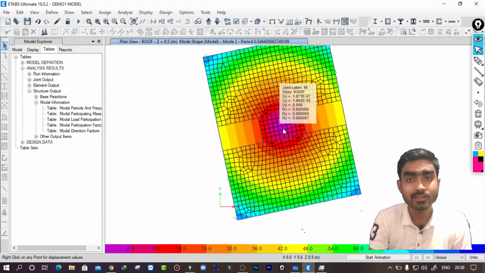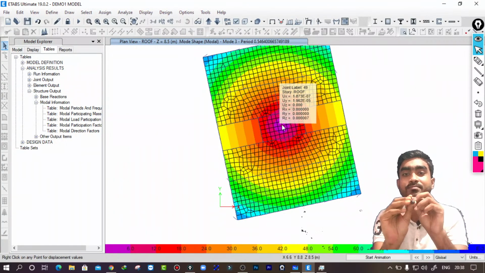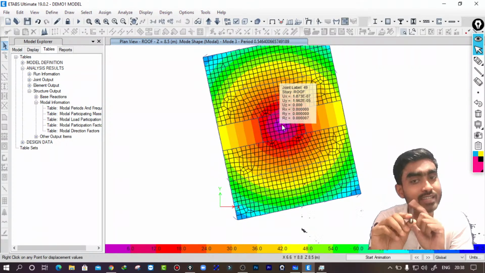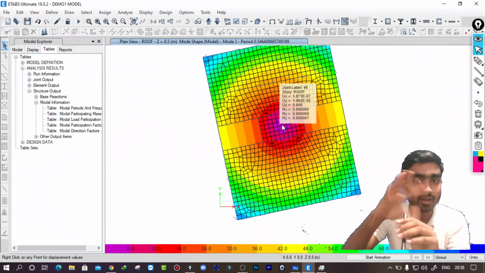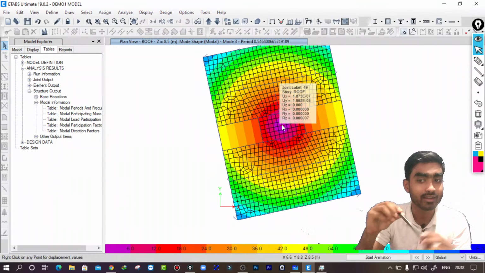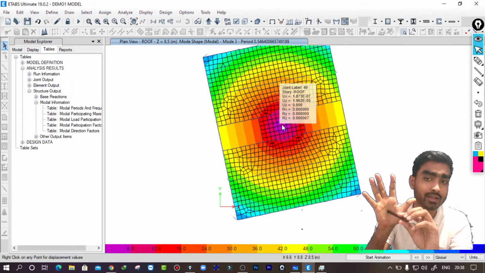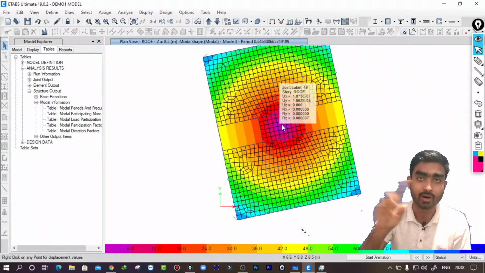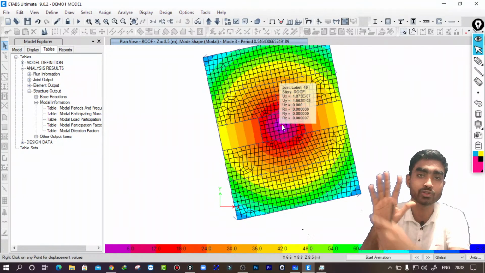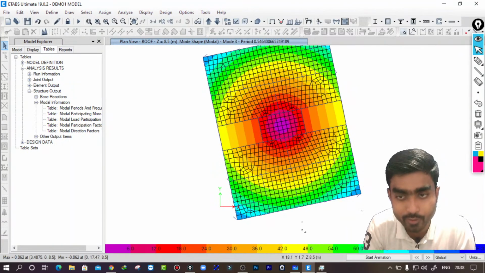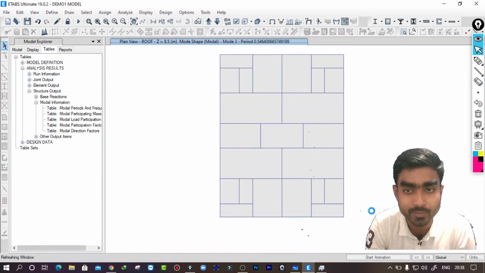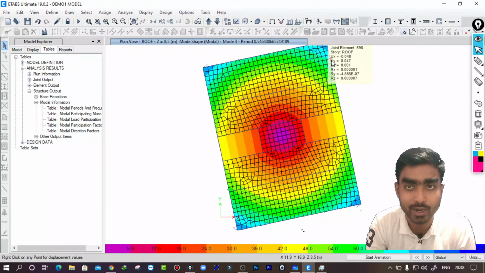So there is no movement of the center. There should not be any movement of the center, right, if it is a proper circular motion. If it is a proper circular motion, there should not be a movement in the center, but the corners or the other periphery parts should move. And you can see whatever displacement we are getting is at the outer part.